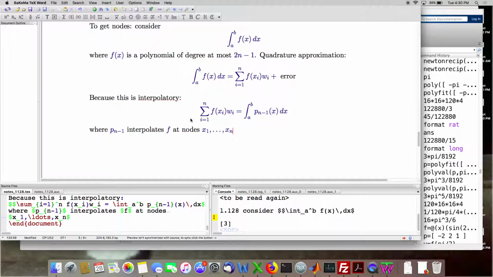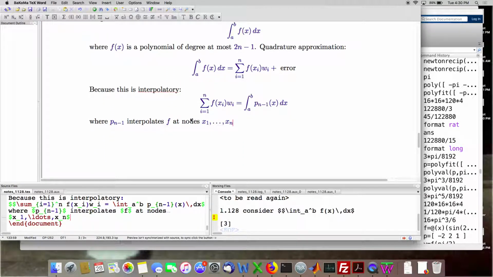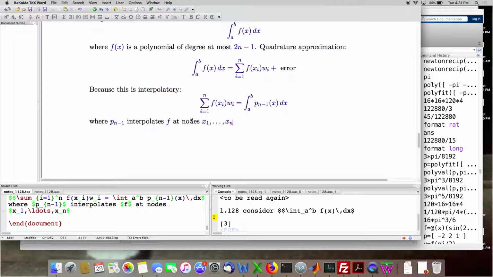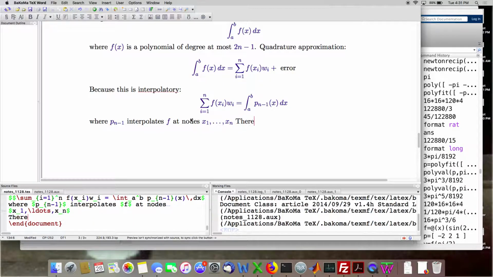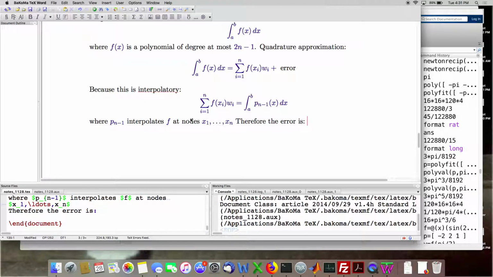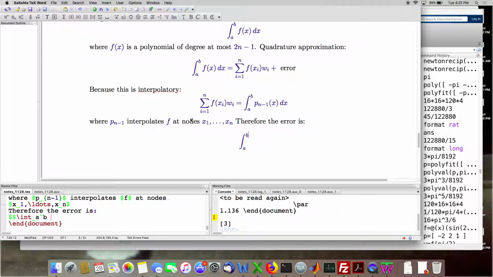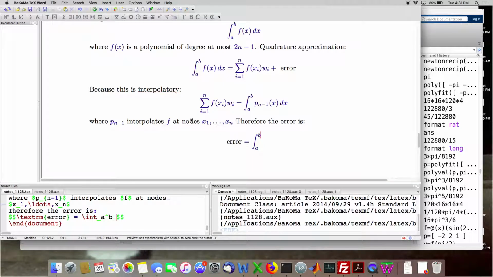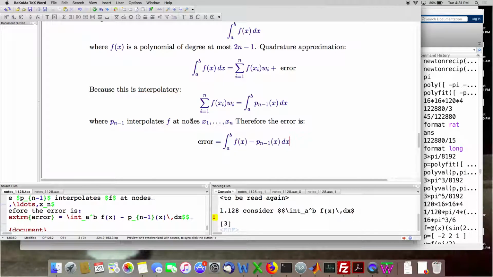All right. So this gives us a handle on what the error looks like. So the error is just the integral of a difference, because here's the integral of f. This, from the equation below, is the integral of p n minus 1. So I just move this to the other side, and now we have our error.